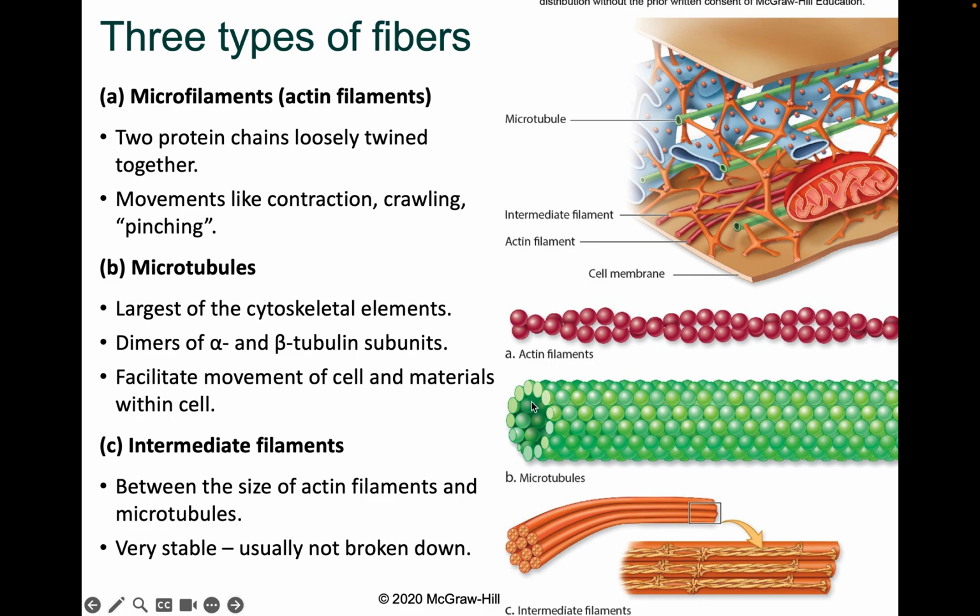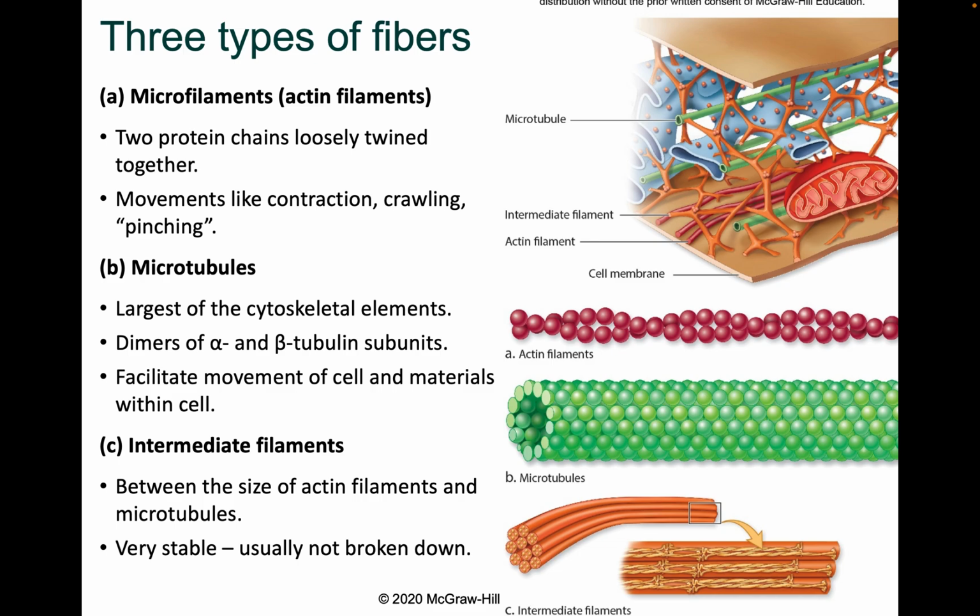They're made up of these big hollow tubes, which are 25 nanometers in diameter, and they're made of 13 filaments. Each filament is made of dimers of alpha and beta tubulin. As you can see here, shown in different shades of green, alpha beta subunits create one big filament, and 13 of these filaments create this hollow tube of 25 nanometers in diameter.